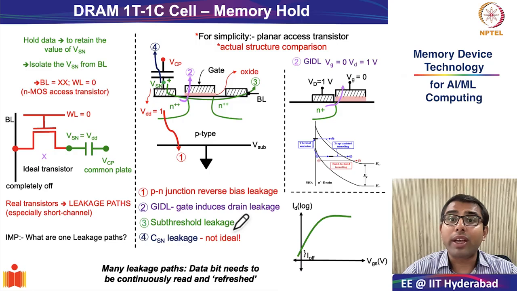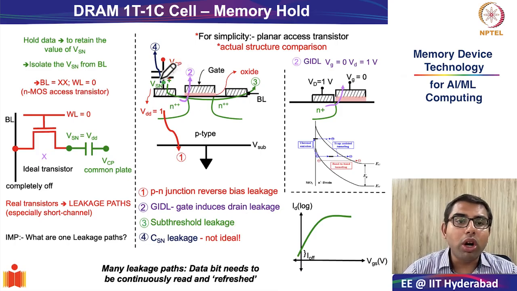We were looking carefully at the memory hold operation of the 1T 1C DRAM cell. In our concluding stages of the last lecture, we saw that through several mechanisms such as PN junction reverse bias leakage, gate induced drain leakage, subthreshold leakage, and also leakage through the non-ideal capacitor, there are many paths through which the charge in the so-called storage node can leak out.